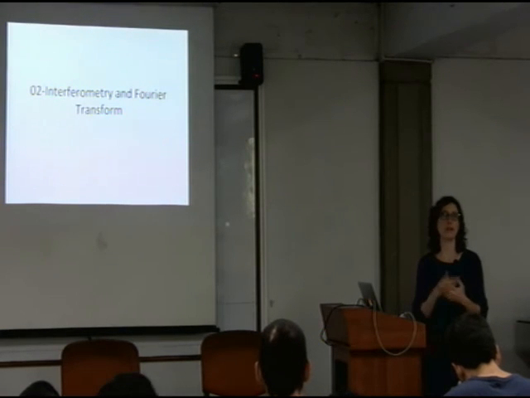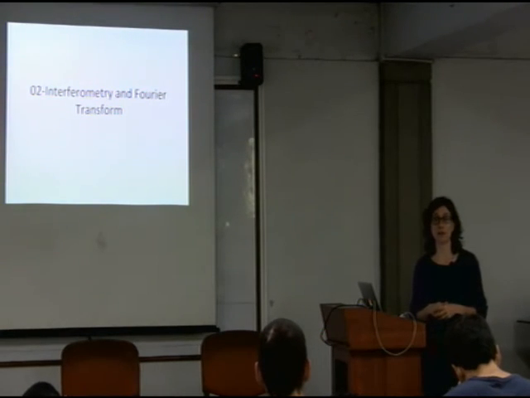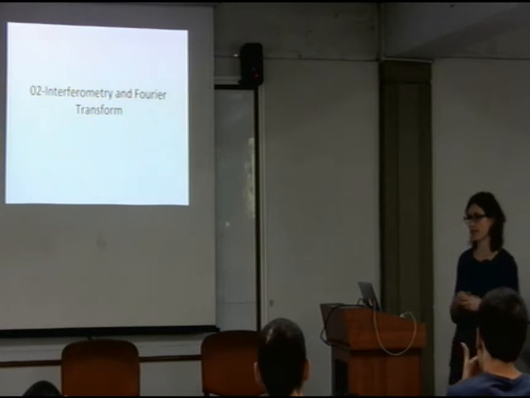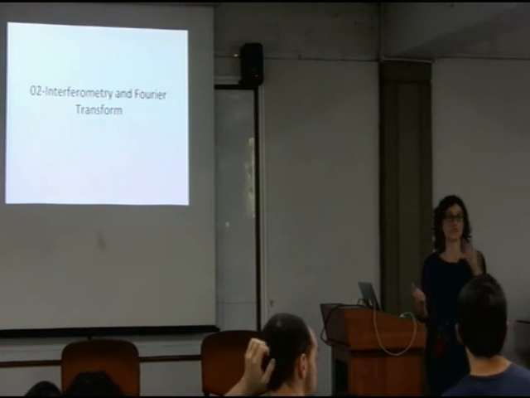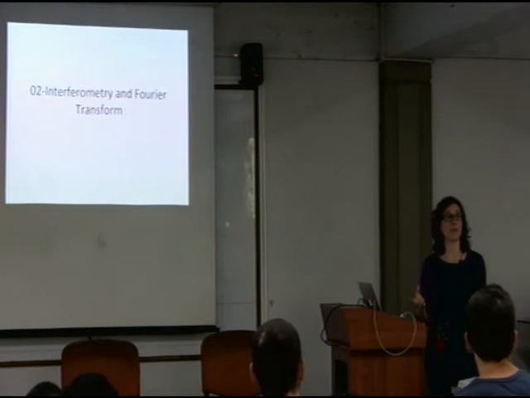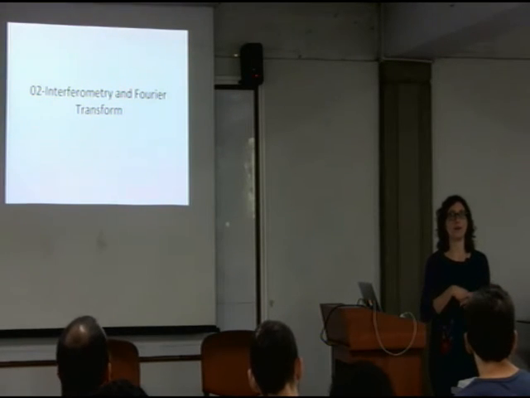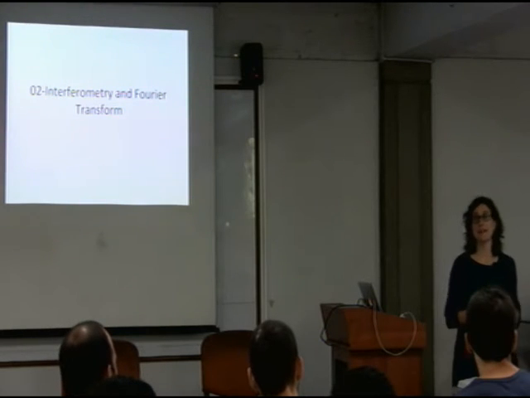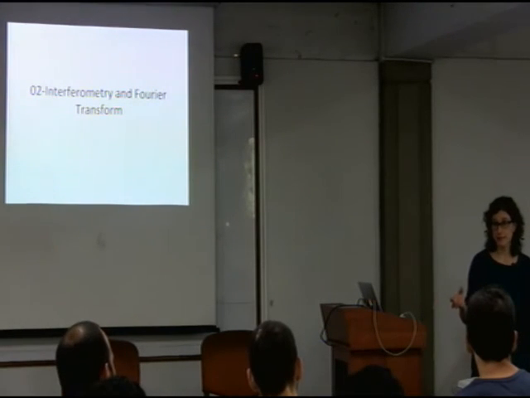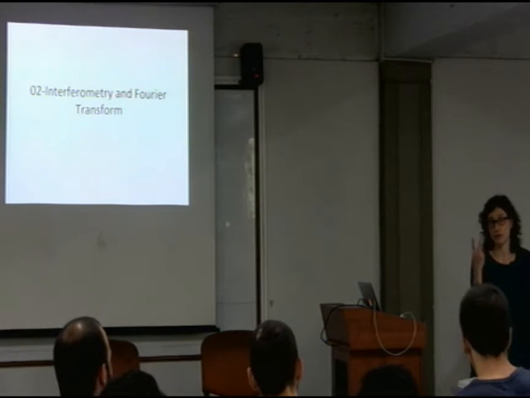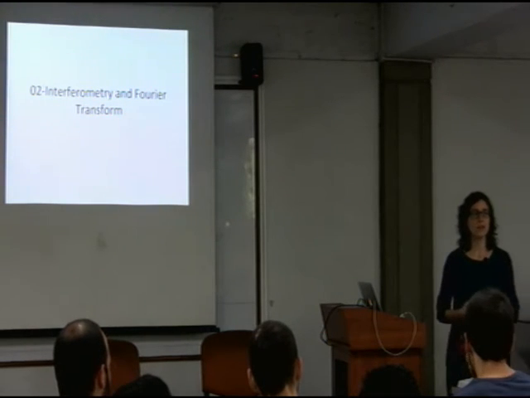Okay, so I showed you in the first part of this morning that there are several techniques to observe in radio, and one of them is to use an interferometer. With an interferometer, you combine the signal coming from different antennas, more than one. You can have an interferometer of two.